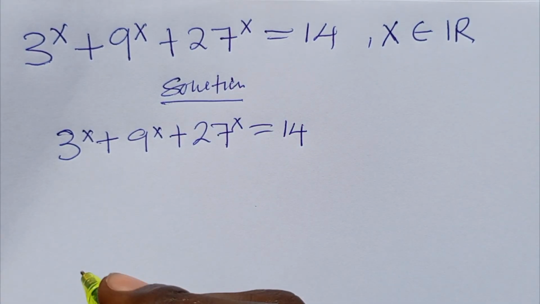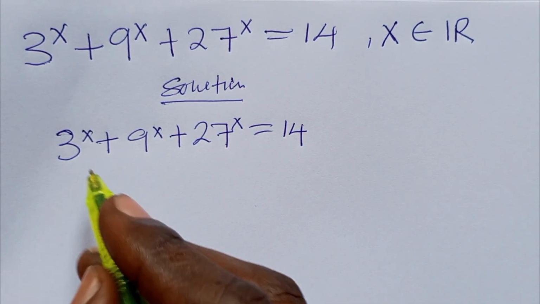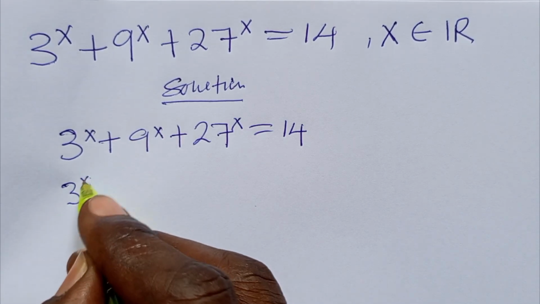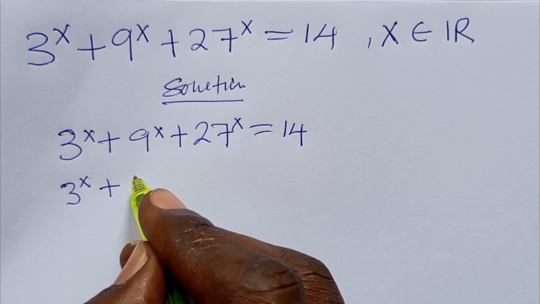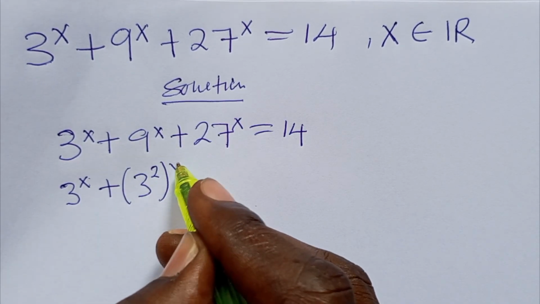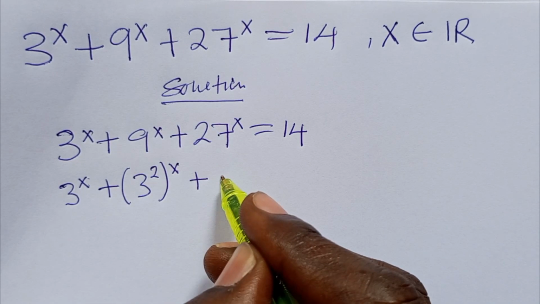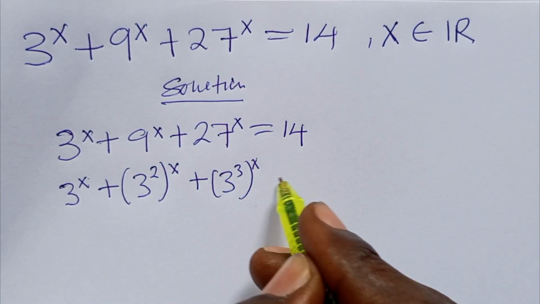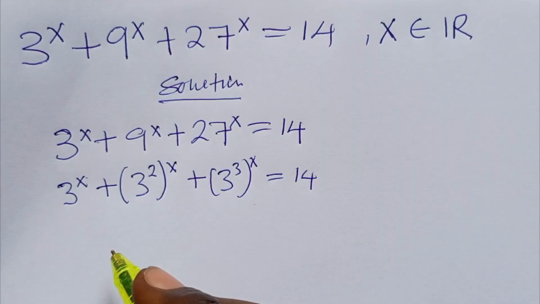Of 14. So let's simplify by trying to write this in this form: 3 to the power of 2, which is the same thing as 9, plus 3 to the power of 3, which is the same thing as 27, equals 14.